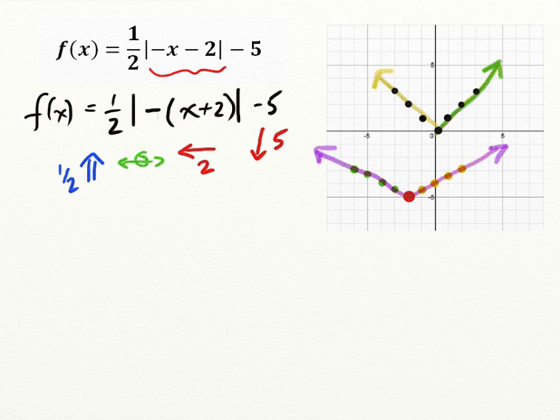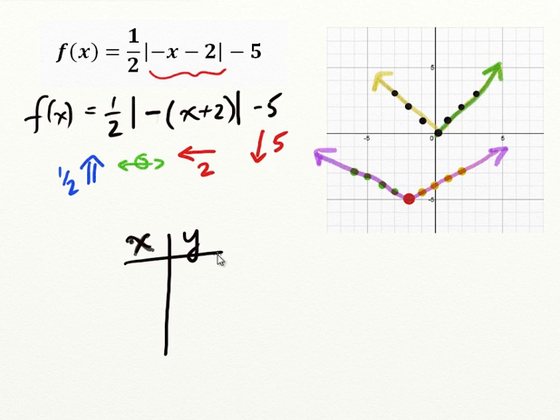Okay, if we wanted to check our table of values just to make sure that we've got everything right, I could go ahead and create a table of values with an x and a y. I could put in values that I know exist in the parent function. So there is a -1 and a 1, a 0 and a 0, and then a 1 and a 1.